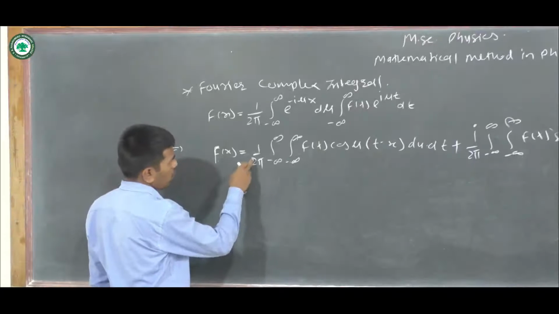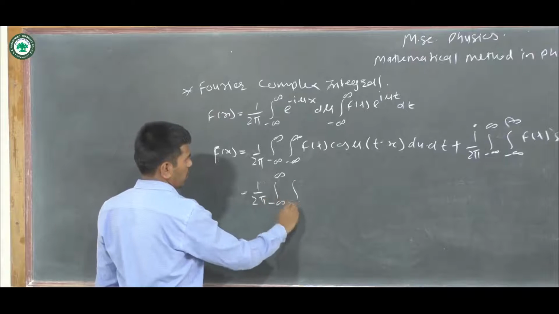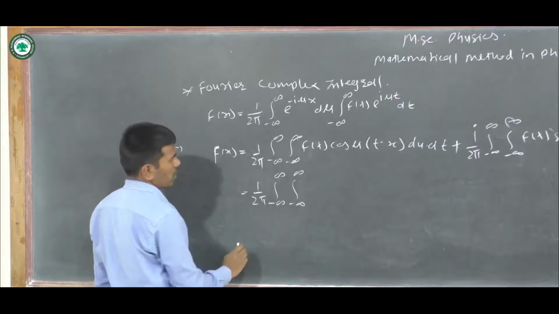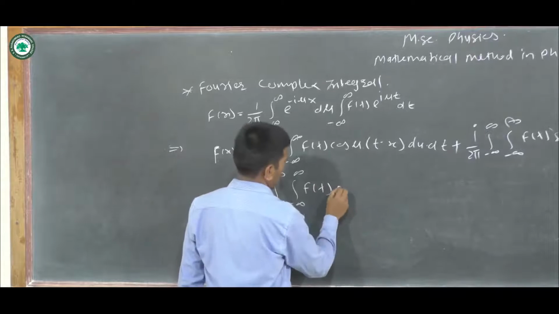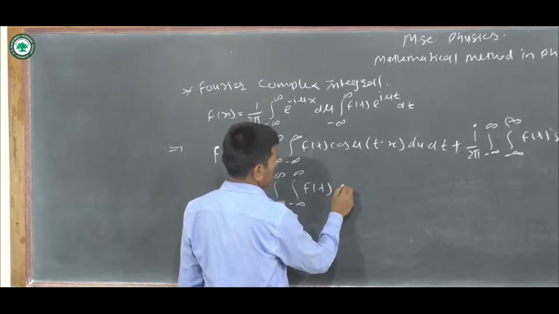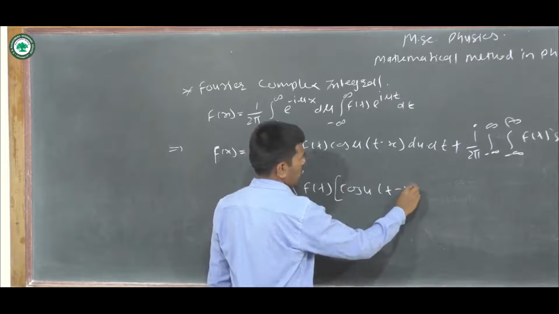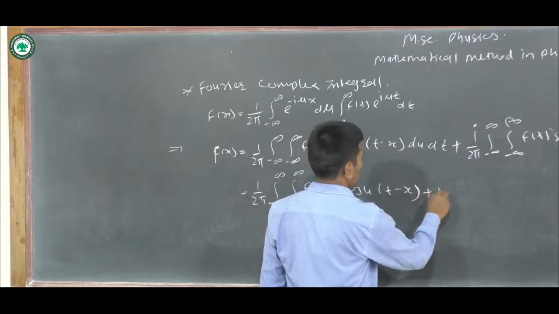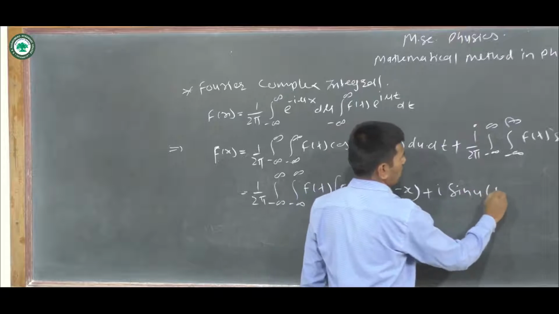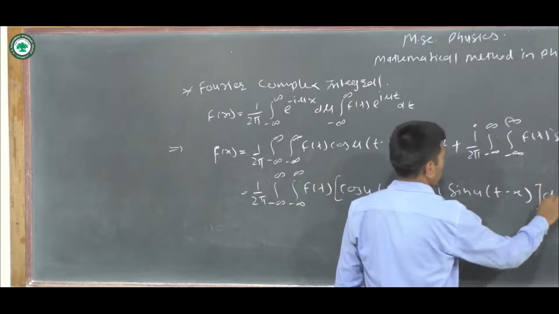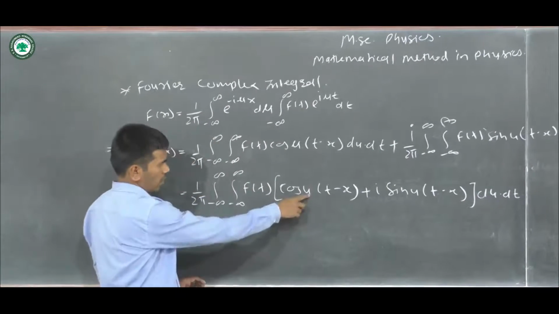Taking out the common terms, that is 1/(2π) ∫ from −∞ to +∞, double integration f(t), you can write cos u(t − x) plus i sin u(t − x) du dt.